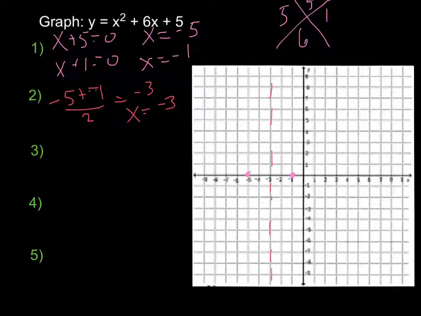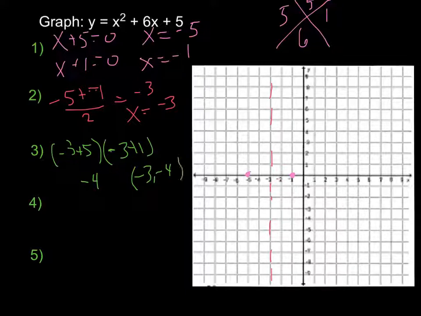So we take negative 3 and plug it in: negative 3 plus 5 and negative 3 plus 1. Doing the math, we get 2 times negative 2, which is negative 4. So our vertex is the point negative 3, negative 4, which is down 1, 2, 3, 4 from the middle.